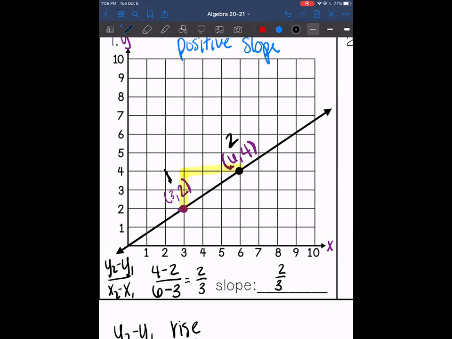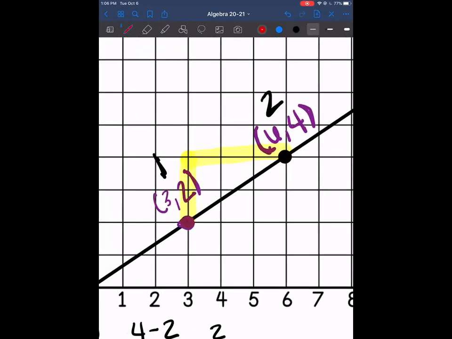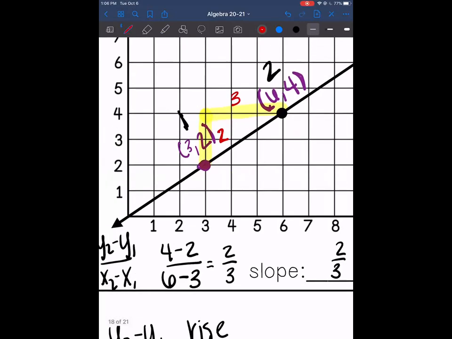We went up 2 points, and we went over 3 units, or ran 3 units. So our rise was 2 and our run was 3. So our slope is 2/3.